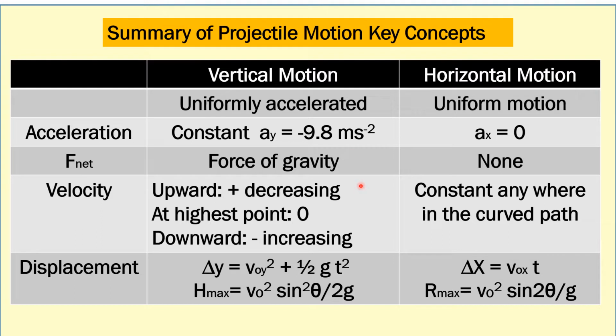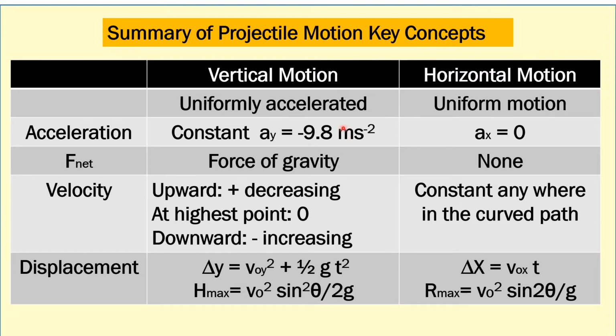Before we start answering the questions, may I invite you to recall or review some important key concepts in analyzing projectile motion. In the table shown, we say that a projectile motion is composed of two types of motion which are independent of each other.